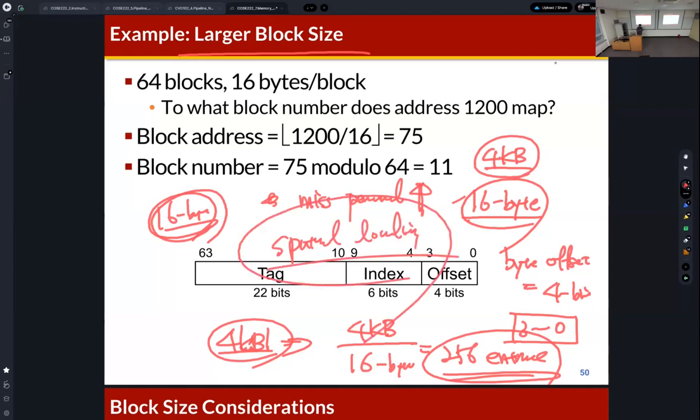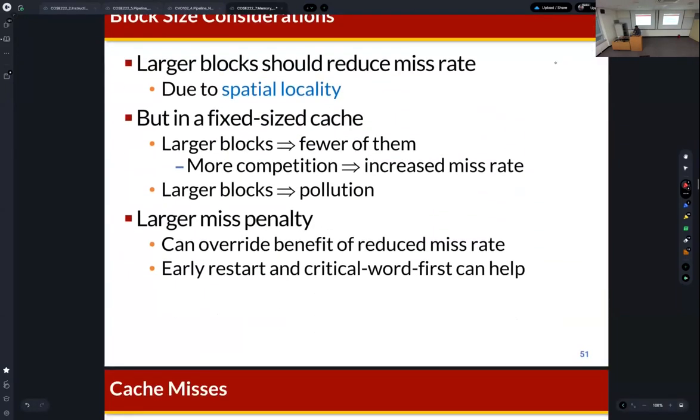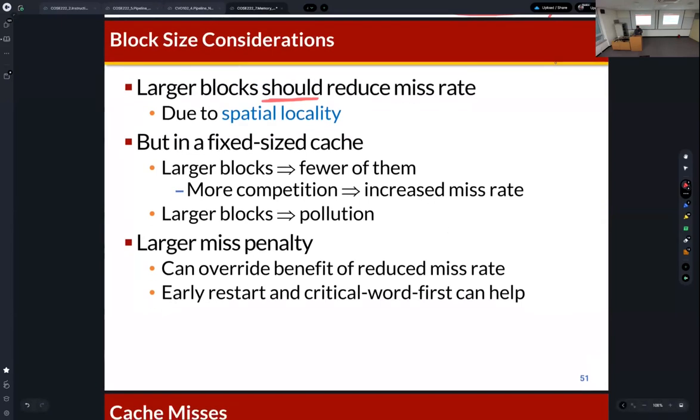So a large block may, not always, but may reduce misses because of spatial locality.